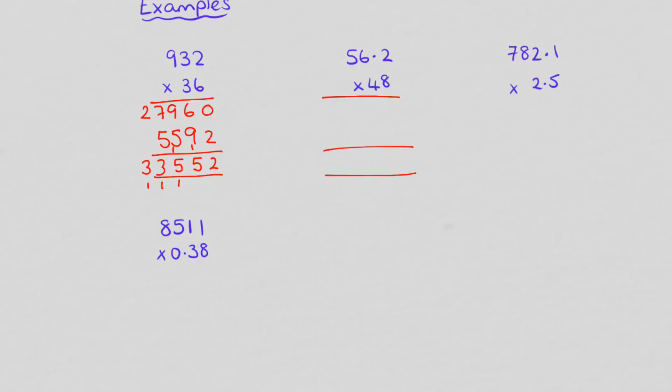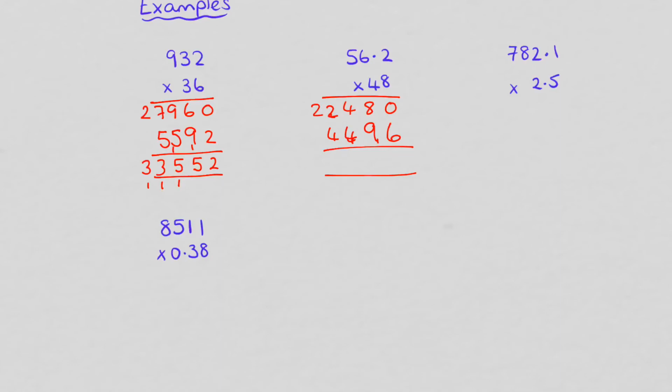Okay, so next question, we've got a decimal point, but remember what we're going to do is ignore it till the end. Okay, so we're going to do times 40 on the top row. So 2 4s are 8, 6 4s are 24, 5 4s are 20, add the 2, makes 22. And then ignore the 4 and deal with the 8. So 2 8s are 16, 6 8s are 48, add the 1, 49, 5 8s are 40, add the 4, makes 44.